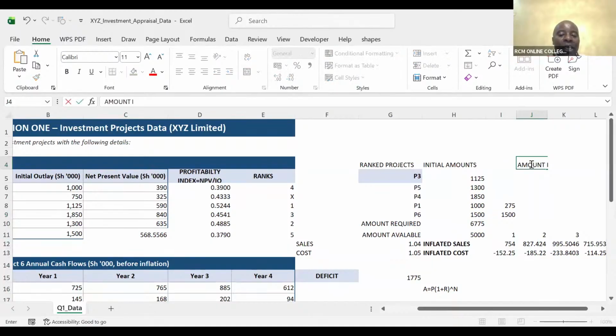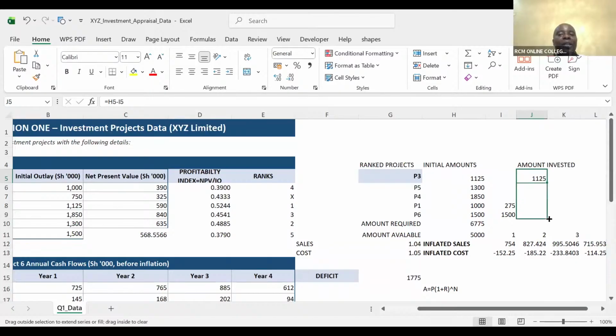Amount invested in each product. Very easy, and I'm finishing this in the next 5 minutes. So amount invested in each product, I will come and pick this cell minus this cell. And then I'll be able to say Control Enter. And then I'll be able to come here and drag this down up to there.